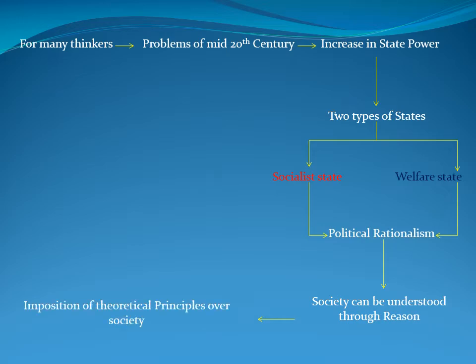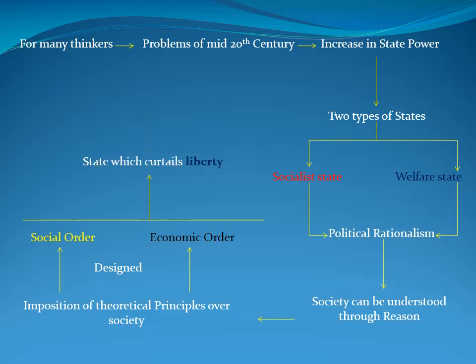These theoretical constructions are imposed upon society to fashion social and economic order. This is what happened in the mid 20th century, where liberty or freedom was curtailed by the state or its agencies in both the socialist and liberal approaches.